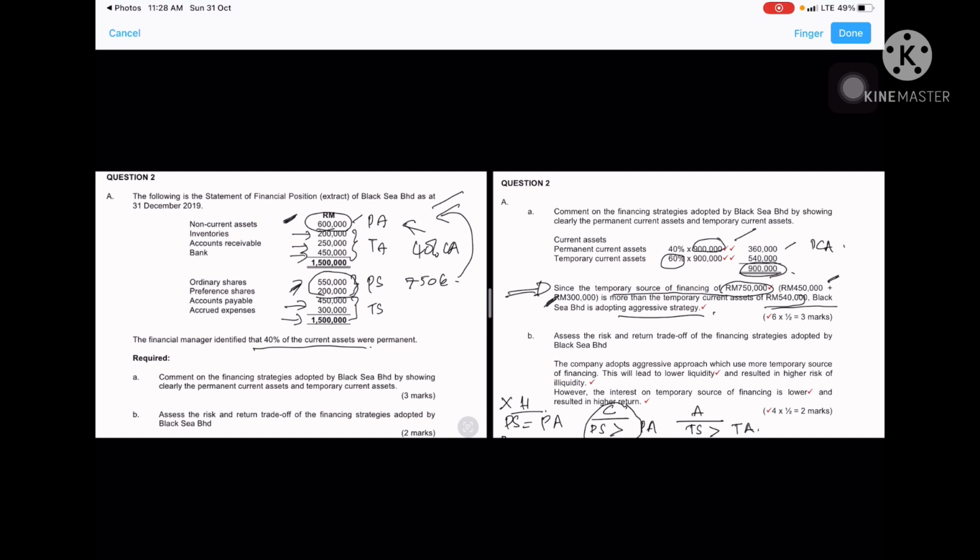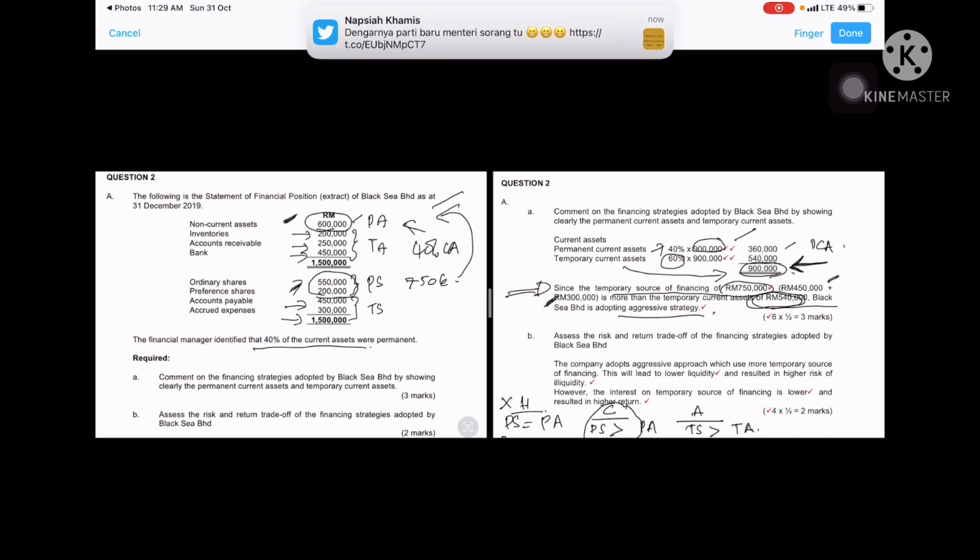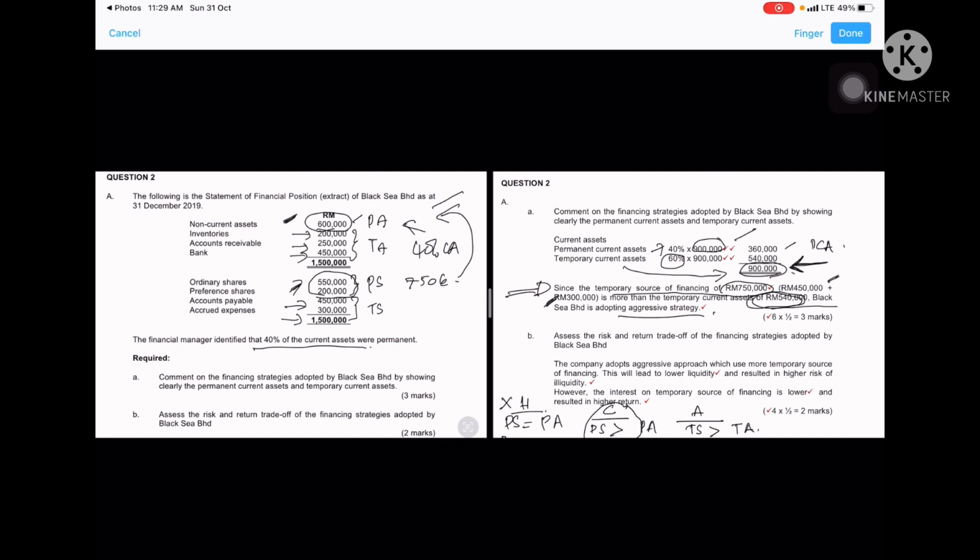How do we get the 540? It comes from the current asset, which we divide into two portions: 40% permanent and the temporary 60%, which is 540. So the short-term financing is higher than our temporary asset. So this is considered the aggressive strategy.